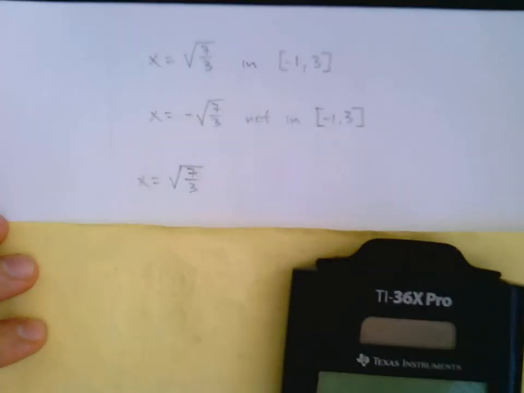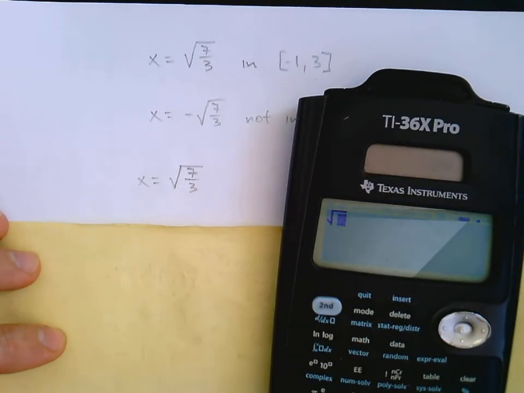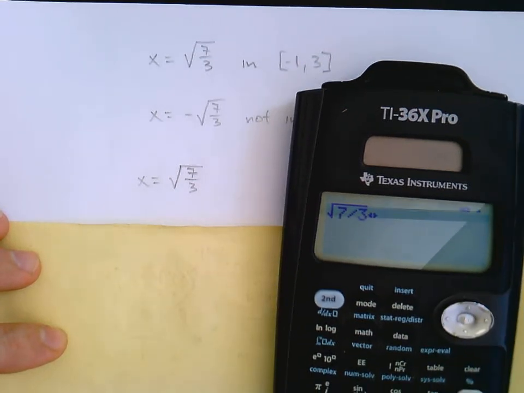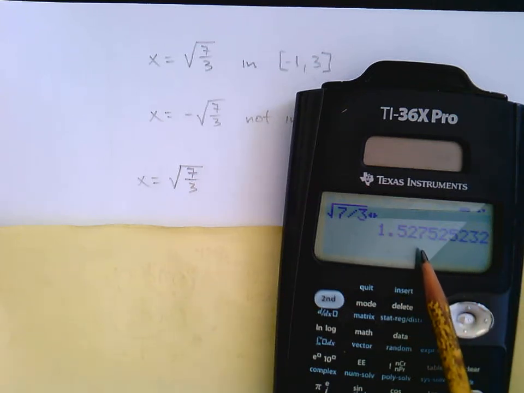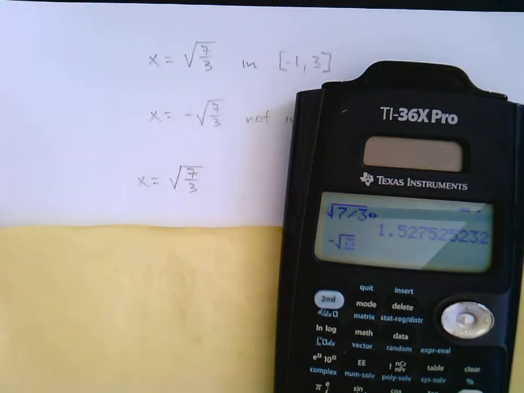The negative wasn't. So if I break out my calculator here and go square root 7 over 3, and I've got to use my little double arrow to convert a fraction to a decimal. All right, 1.527, 1.528, whatever. Yep, that's between -1 and 3. But if we do the negative version, then of course it's not going to work.